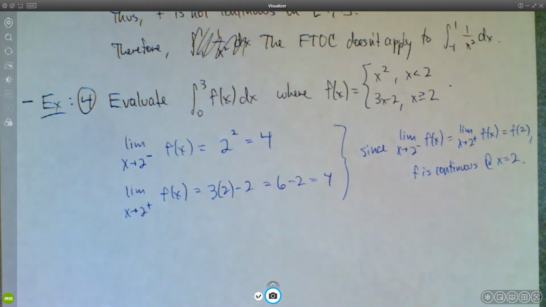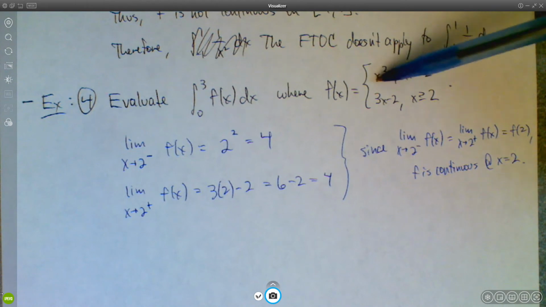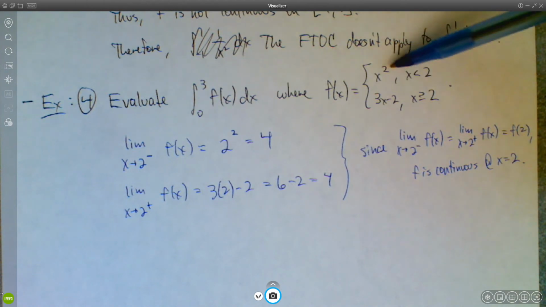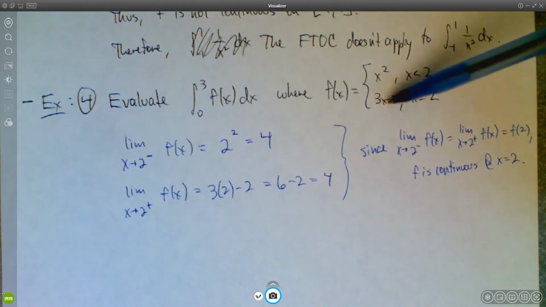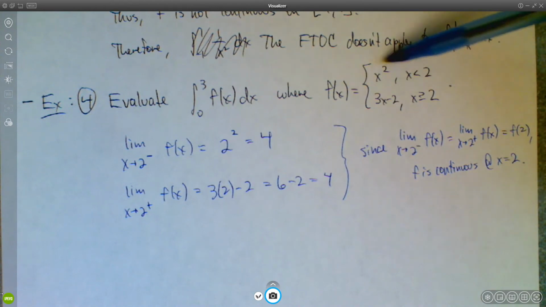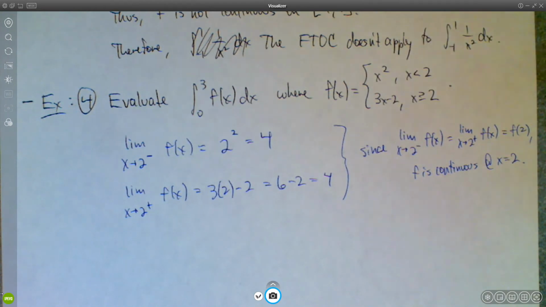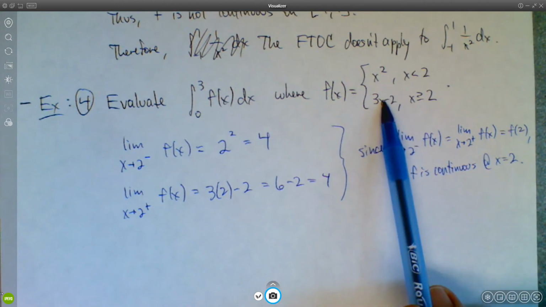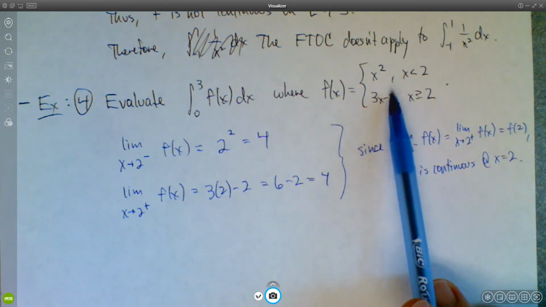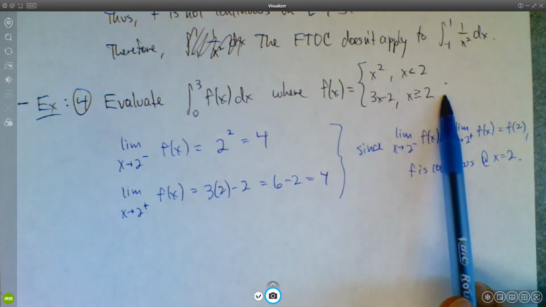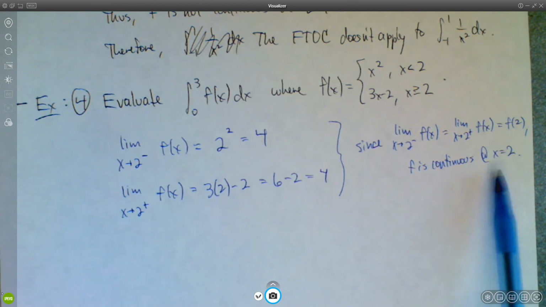And that was the only place where f could potentially not be continuous. It's pretty clearly continuous everywhere else. I mean, x squared is continuous on its entire domain, and so is 3x minus 2. This is just a parabola and a straight line. So the two pieces are continuous everywhere. The only question was, is this continuous where the rule changes? And the answer is yes, it is continuous there.